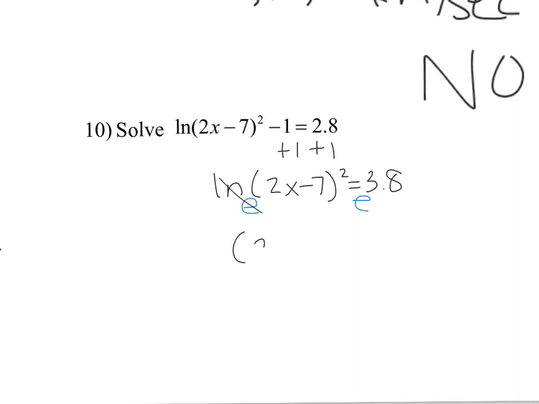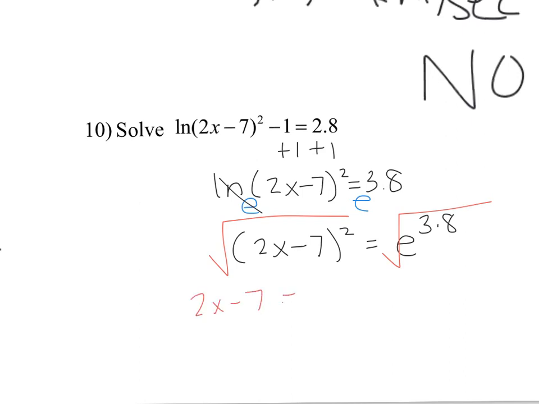So you have (2x minus 7) squared equals e to the 3.8. And take the square root. So you'll get 2x minus 7 equals the square root of e to the 3.8. Then you're going to want to add 7 and then divide this quantity by 2 to get your answer and round. Just be careful with the order of operations.